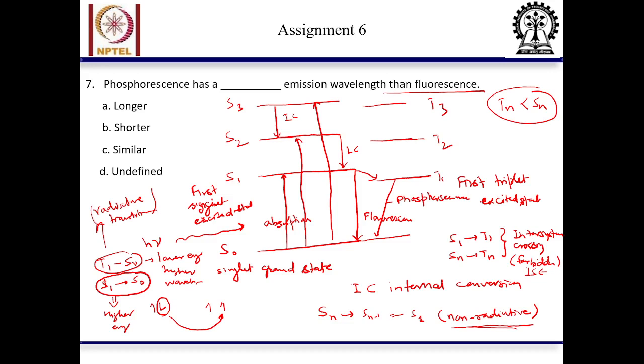Okay, so now all the processes are clear. First is absorption, second is internal conversion, then we have intersystem crossing, then fluorescence and phosphorescence. Any doubt, then you can ask. Is everything clear?